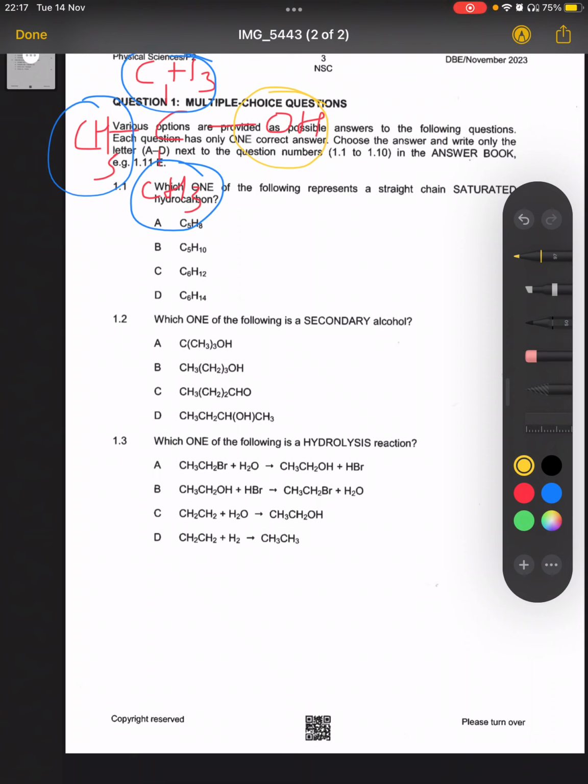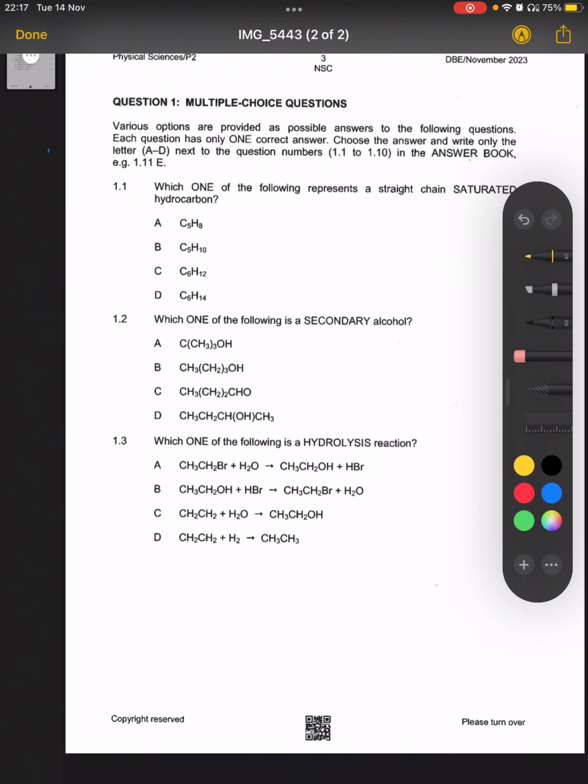Then we look at number B. Number B is a CH3 attached to a CH2 and a CH2 and a CH2 that is attached to a CH2 and OH.